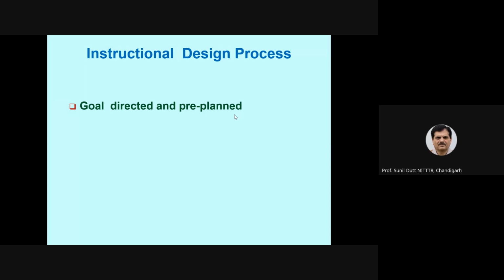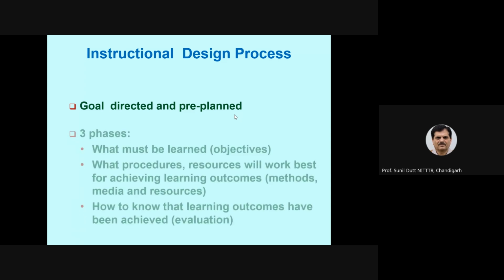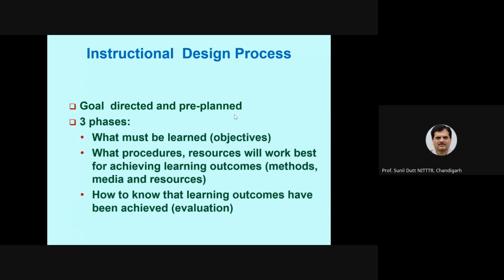So it is therefore the presence of precise goals, or I would say objectives, and the presence of careful pre-planning and testing out that shall be taken as the important characteristics of our use of the term instructional system. So, an instructional system is a three-phase formula.